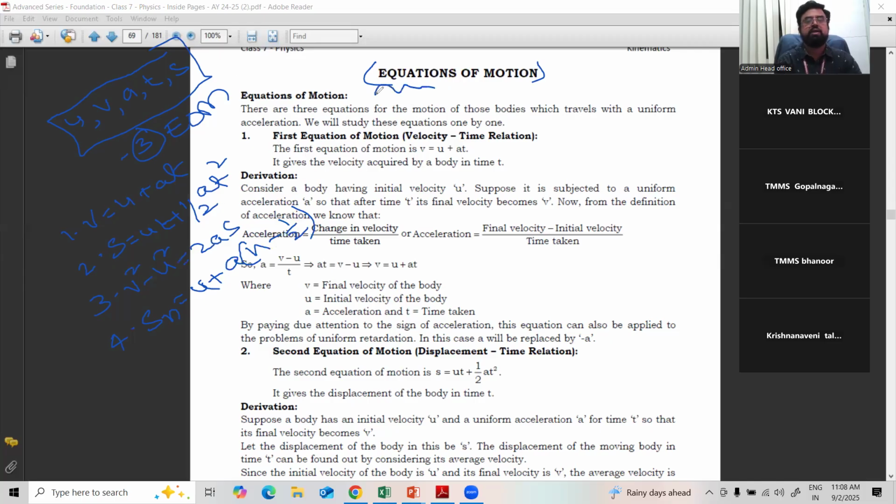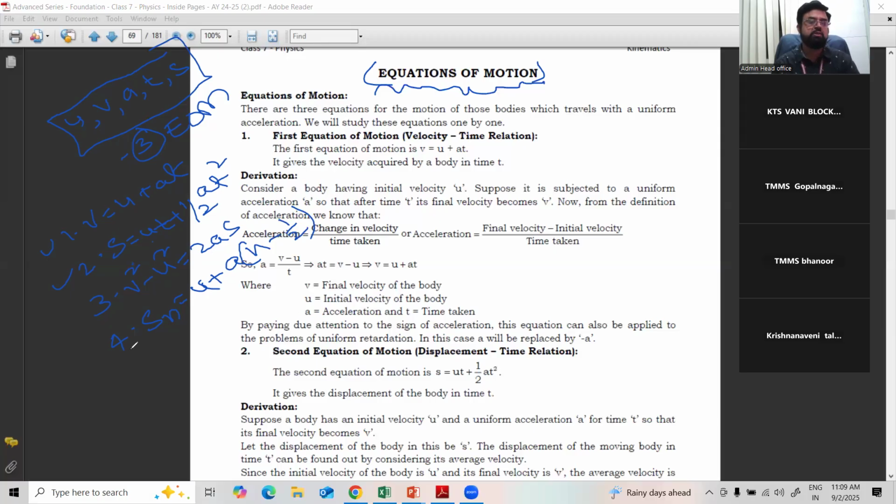Heading you write as equations of motion. And first one is this. Second, third, fourth. V is equal to U plus AT. I will tell the derivations. The second one is S is equal to UT plus 1 by 2 AT square. Third one is V square minus U square is equal to 2AS.